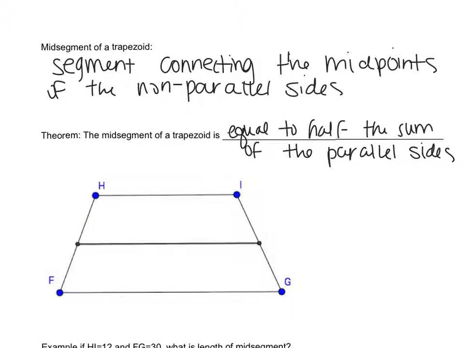So in our shape here, if I were to label the midpoints of our midsegment M and D, I would get the equation that MD equals 1/2 of HI plus FG. So that's basically the theorem written as a formula.